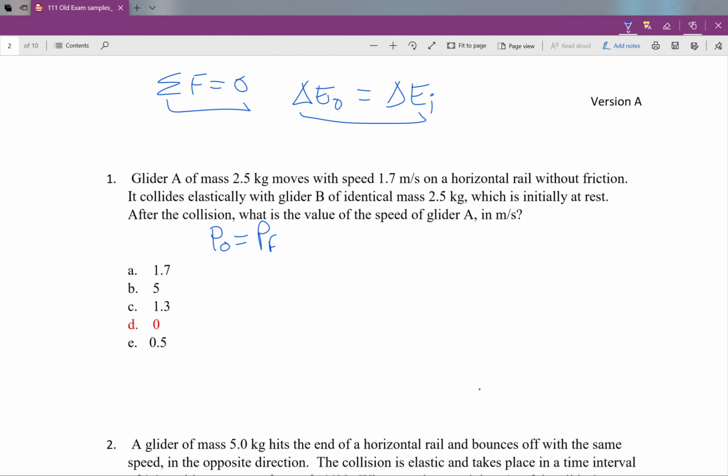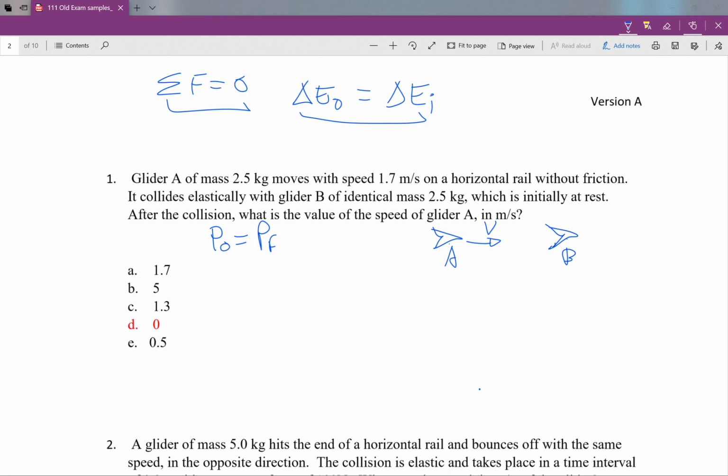We have two gliders. Glider A moves at an initial speed, and then it collides with glider B, which is at a speed of 0, so it is at rest. Both of them have identical masses.